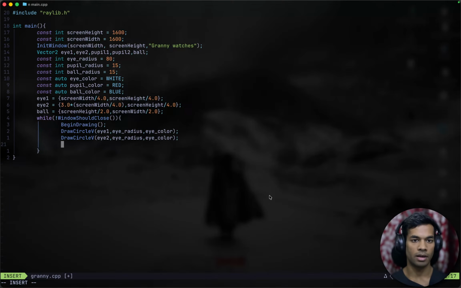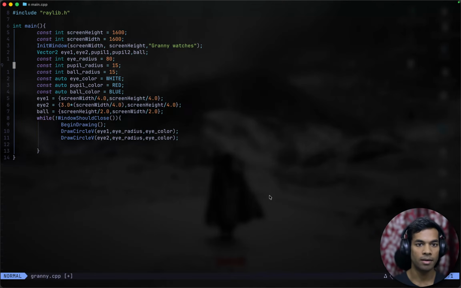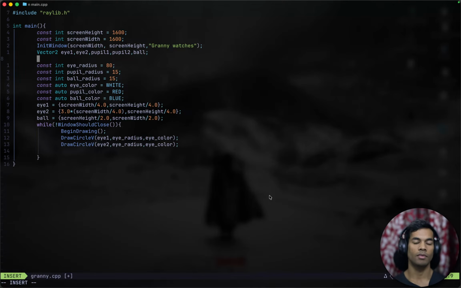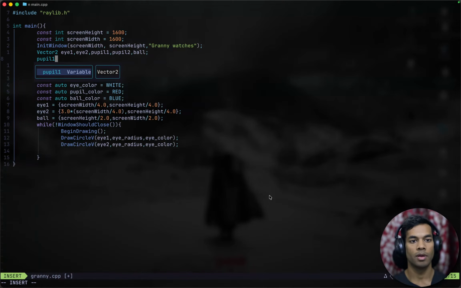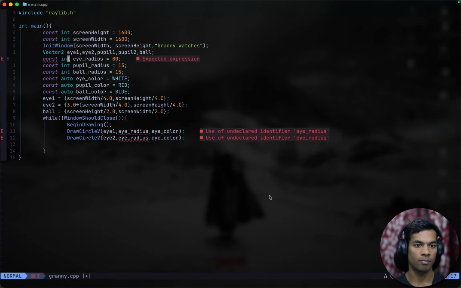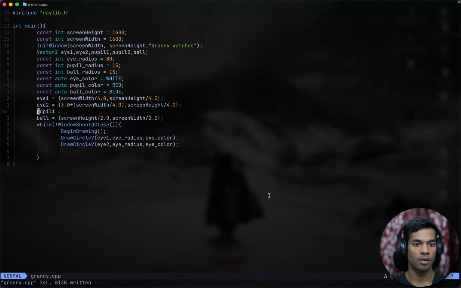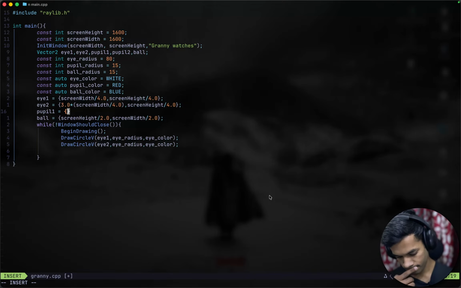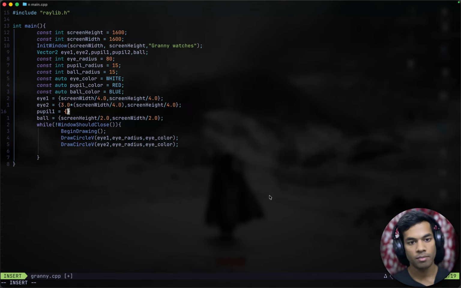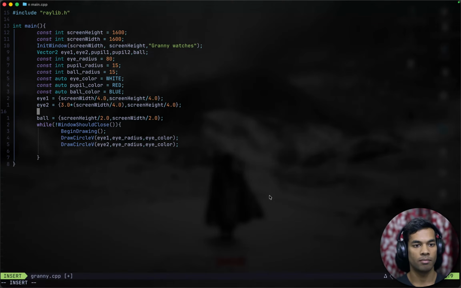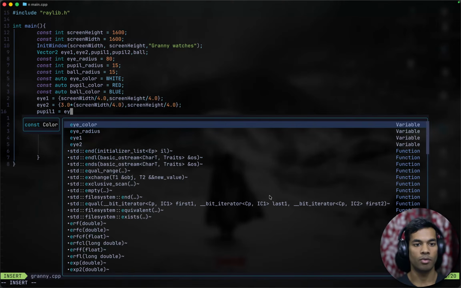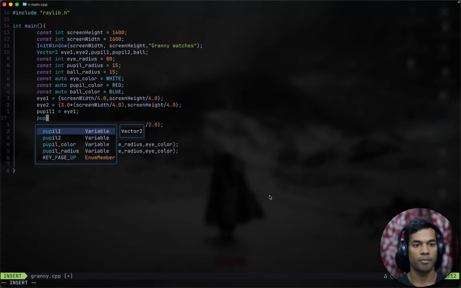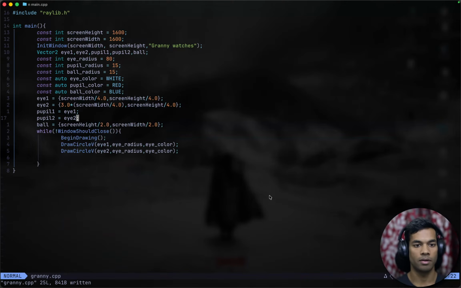Draw the second eye and the pupil. At the start, we'll have the pupils at the middle of the eyes. So pupil 1 equals the same value as I1, and pupil 2 equals I2.